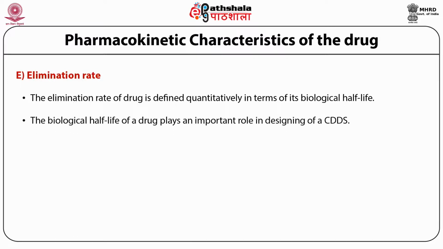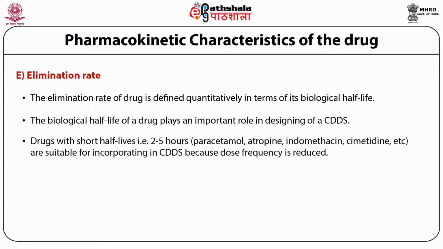The biological half-life of a drug plays an important role in designing of a controlled drug delivery system. Drugs with short half-lives, that is 2 to 5 hours, paracetamol, atropine, indomethacin, cimetidine are some examples, are suitable for incorporating into controlled drug delivery system because dose frequency is reduced.